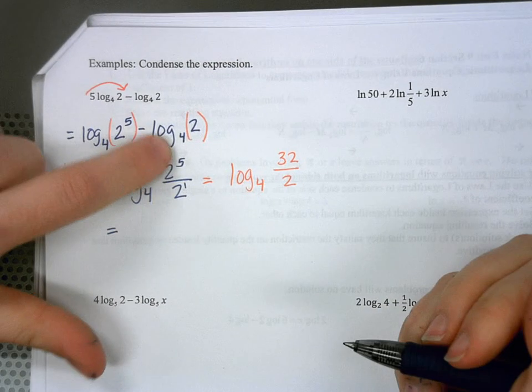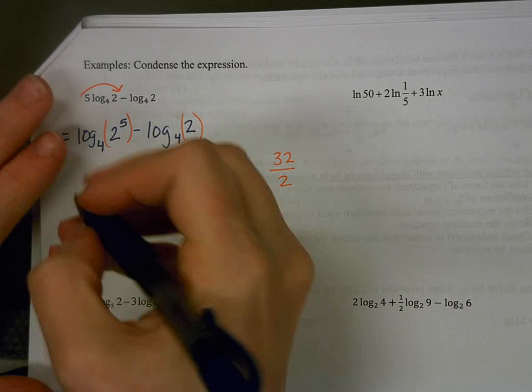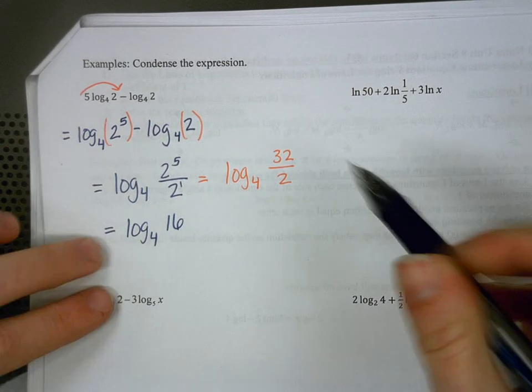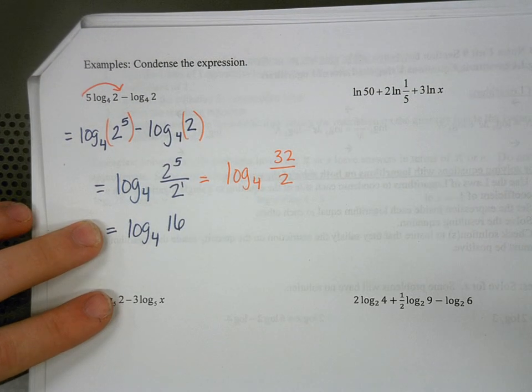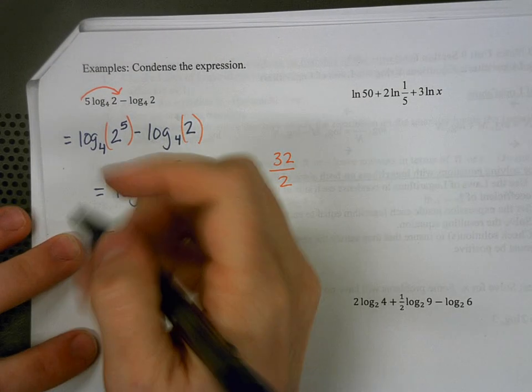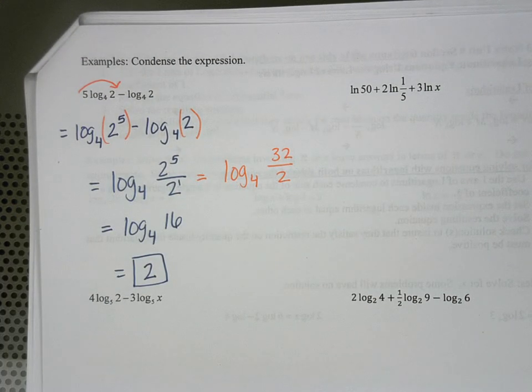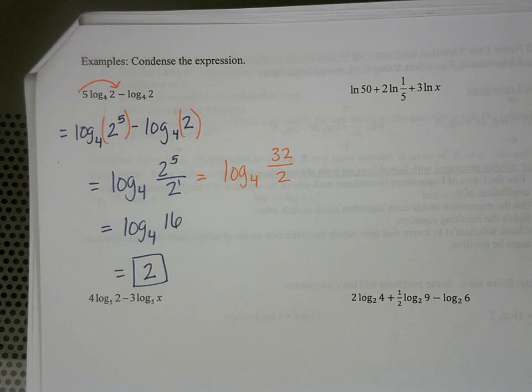If you want to subtract the 5 and the 1, you can get 2 to the 4th, which is also 16. 32 divided by 2 is 16. Either way is fine. So 4 to what power gives you 16? You should get 2. 4 to the 2nd power equals 16. So now this problem has been completely condensed into just the number 2.